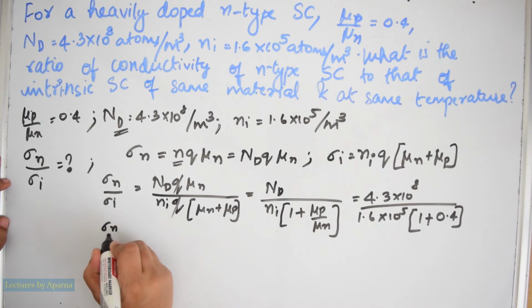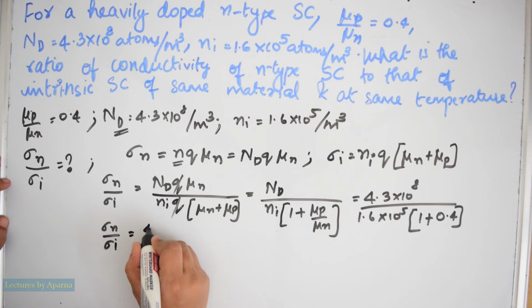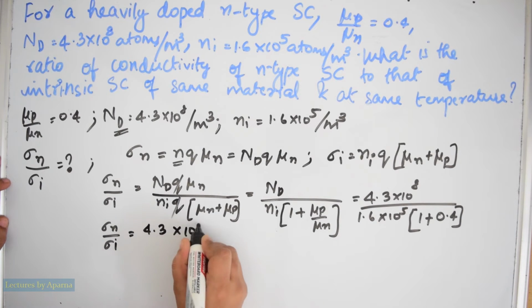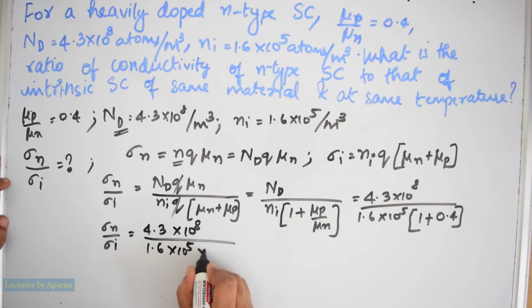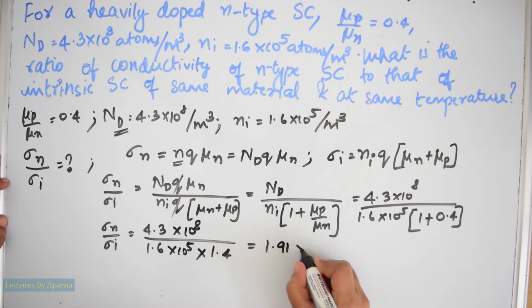Therefore, sigma n by sigma I is equal to 4.3 into 10 raised to 8 divided by 1.6 into 10 raised to 5 into 1.4, which will be equal to 1.91 into 10 raised to 3. So this is the ratio.